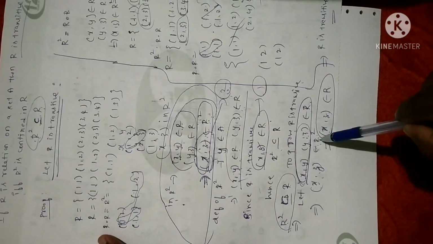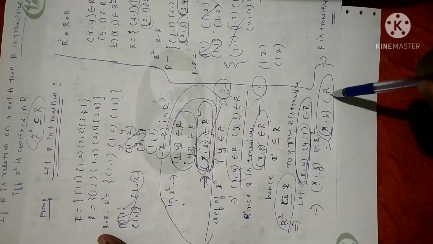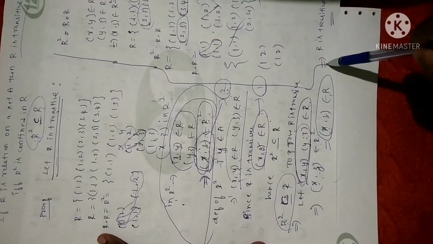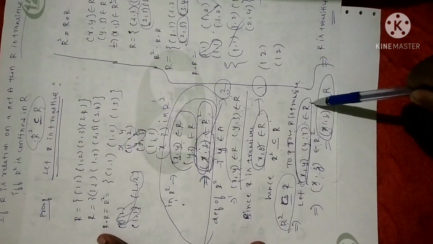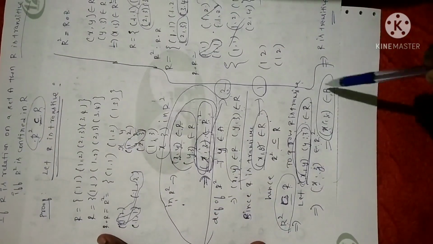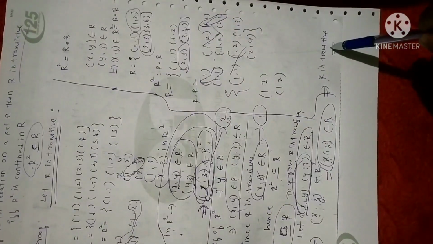Since R square is a subset of R, (x,z) should be in R, as in equation 1. Looking at these two conditions, if (x,y) and (y,z) are in R, then (x,z) should be in R. So I can say R is transitive.